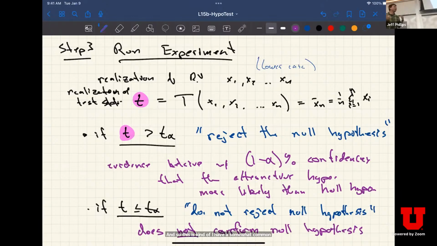So you don't want to say you confirm the null hypothesis. You say you do not reject it. It's like a double negative, and it should be a double negative, not reject.